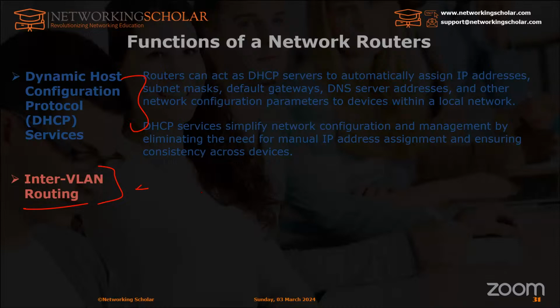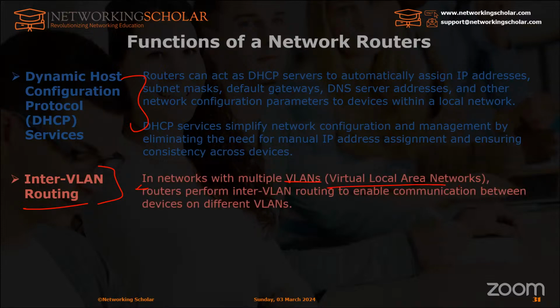Let me discuss it, because we haven't discussed it yet. Suppose we have multiple VLANs, virtual local area networks, and we want a router to perform communication between them. In that case, we are going to use inter-VLAN routing. Suppose we have 20 VLANs, VLAN 1 to 20, and every VLAN should communicate with each other.